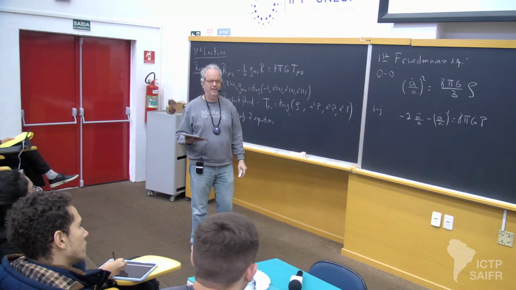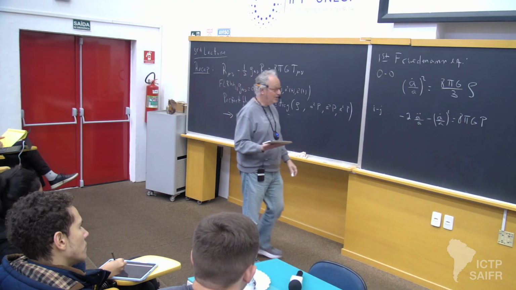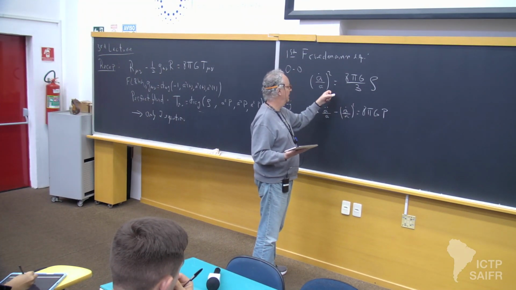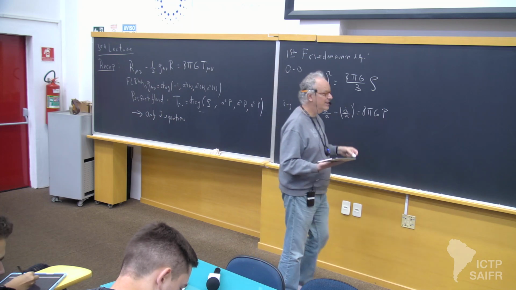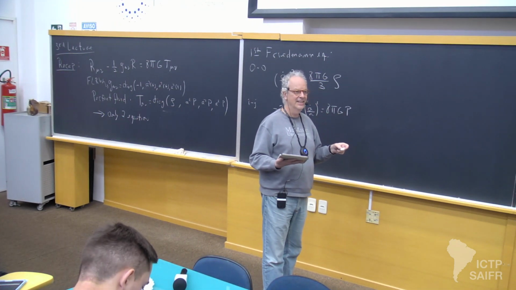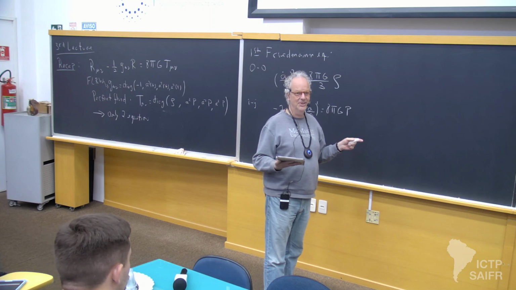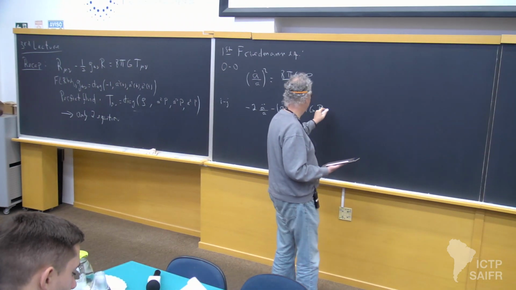That's the equation you get. So what I didn't do last time is to substitute a dot over a square using the first Friedmann equation. I wrote the wrong result. So please, when you look at your notes from yesterday, you will notice that there is a mistake.